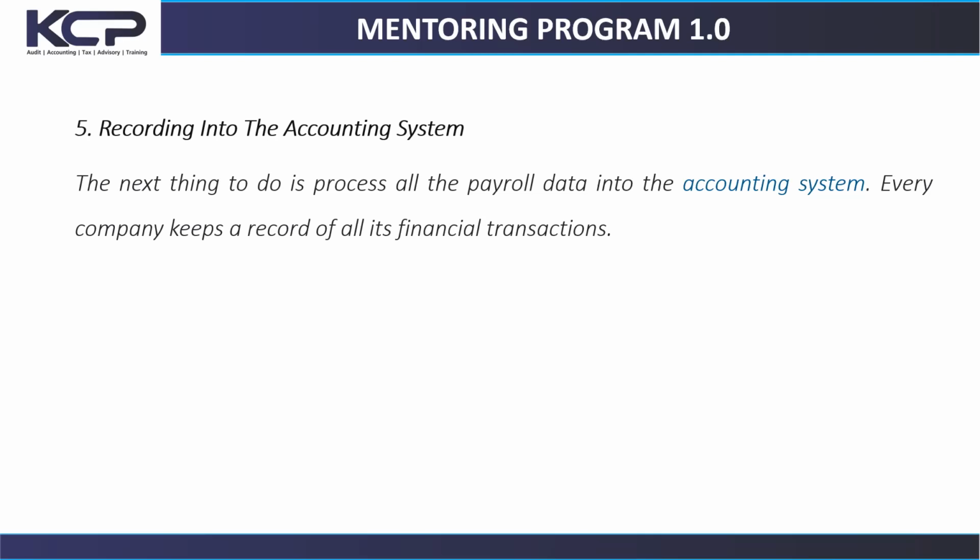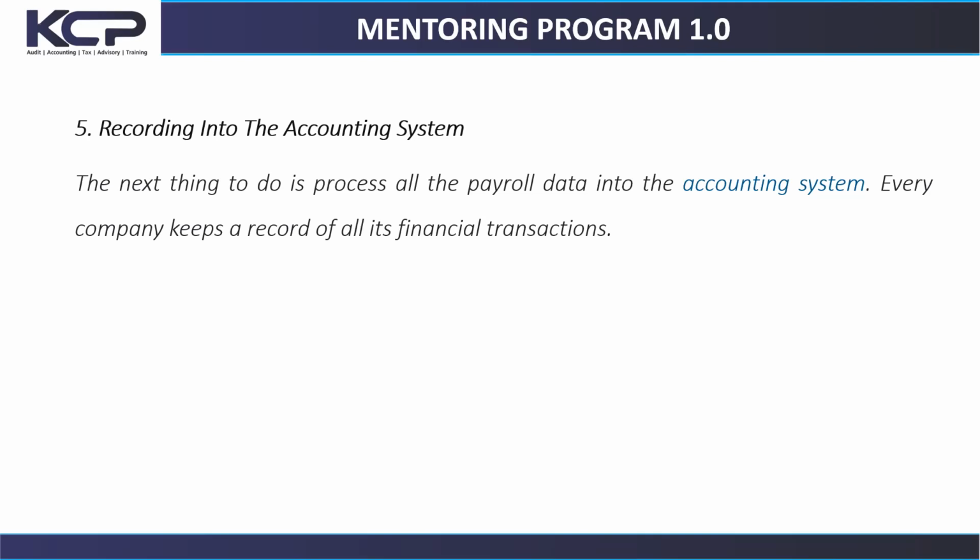The sum of 24,500,000 will be debited in the P&L as salaries and wages, while the sum of 20 million will be credited as salary payable. The sum of 3 million naira will be pension payable, NHF 1 million will be credited. PAYE payable also will be credited with the sum of 500,000.